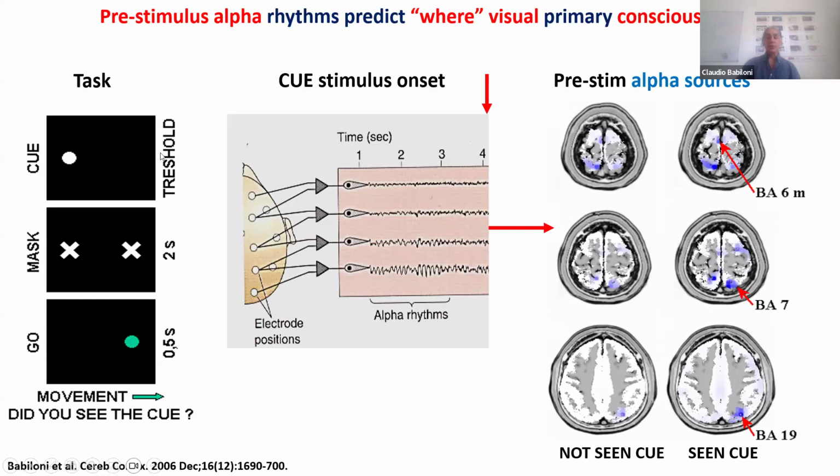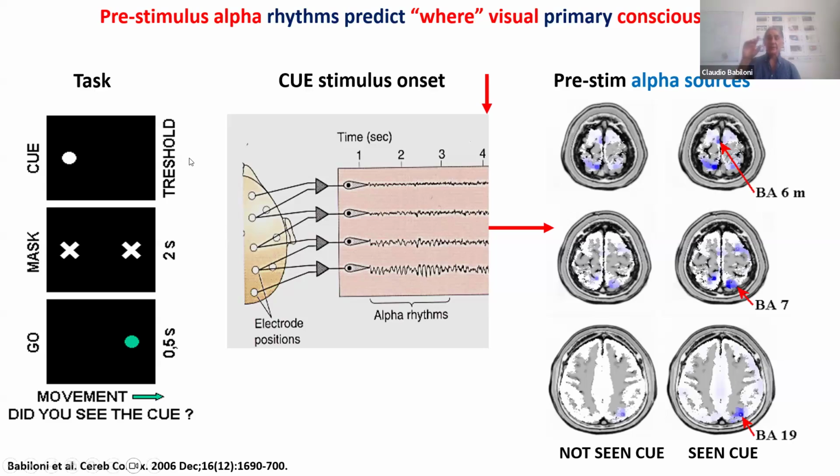The cue stimulus was given at the sensory threshold level. The sensory threshold means that the duration of the cue stimulus was relatively short, so that the participant, a healthy subject, was able to recognize the site of the stimulation about 50% of times.